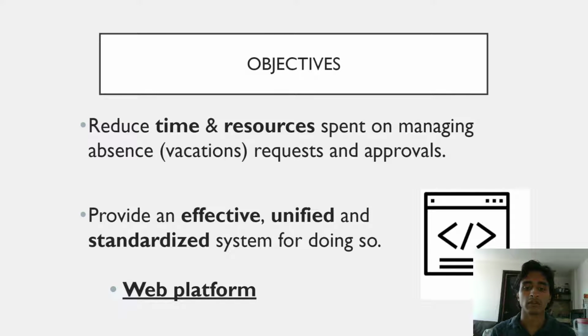And well, the web platform we developed had as its main purpose making a unified system. Every employee could use it and it would be standardized, so that it sticks to all rules imposed by the company.